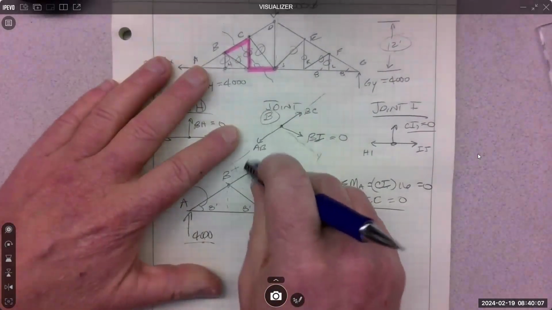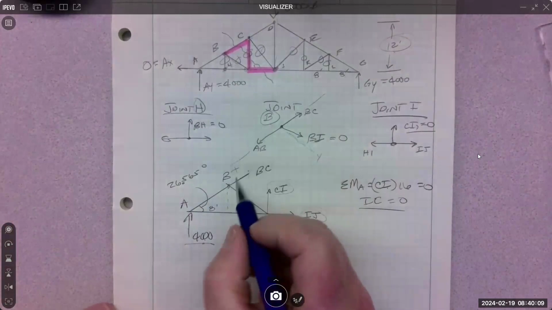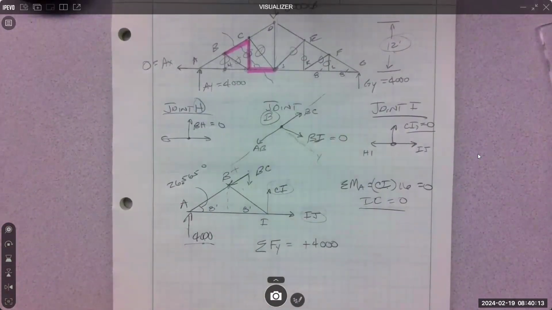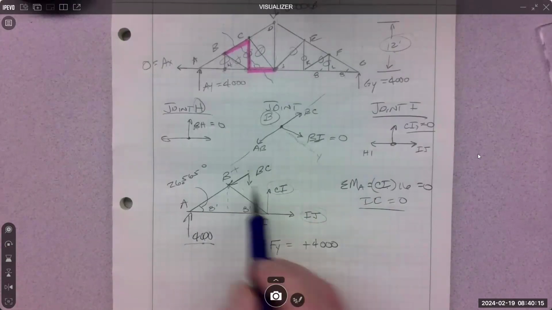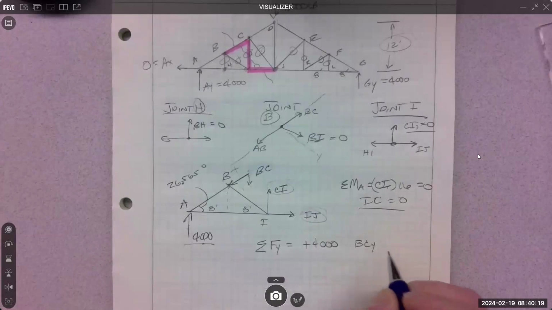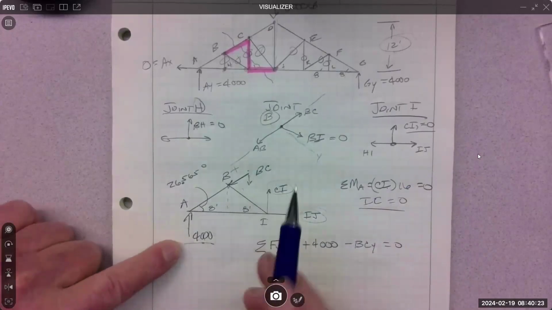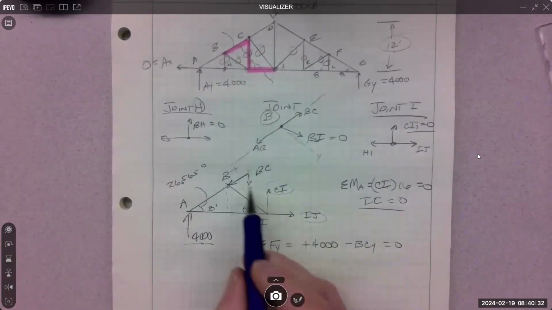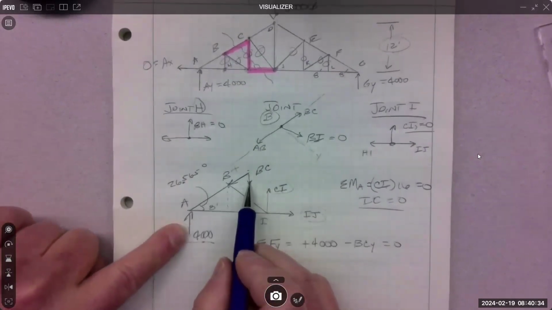So right there, I can see, oh, I bet BC comes down, it has to. But that component right there, BCY, is in the equation. So 4,000 up, BCY. If you just see that, you don't have to write the equation. I'm okay with that. But if you don't see it, write the equation and hopefully then you will see that BCY has got to equal the 4,000.